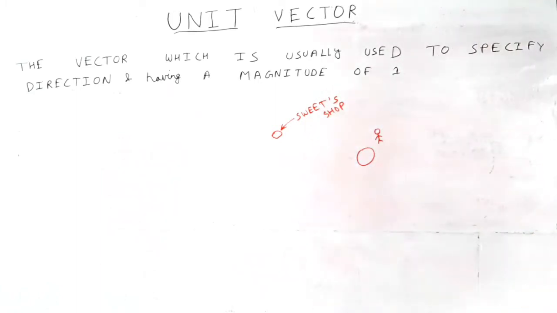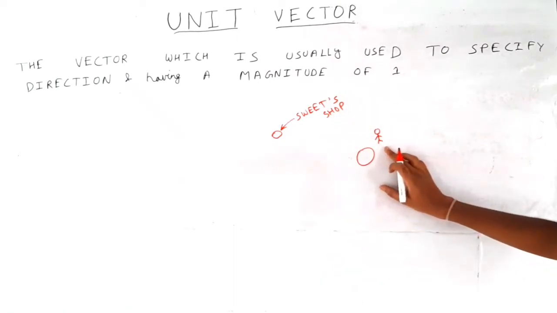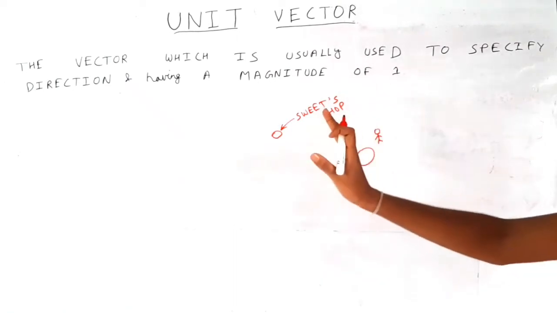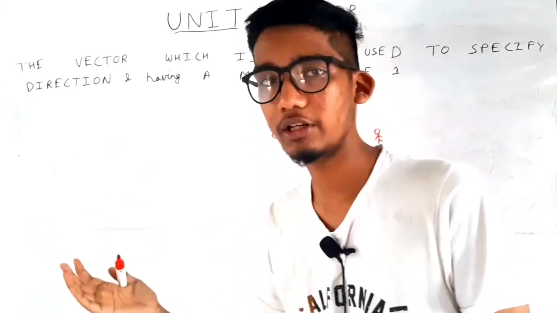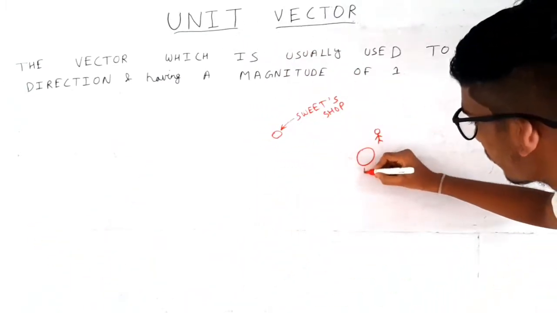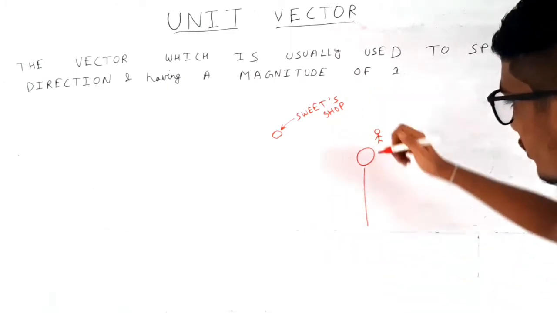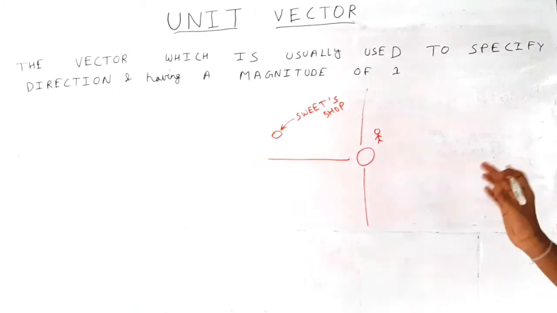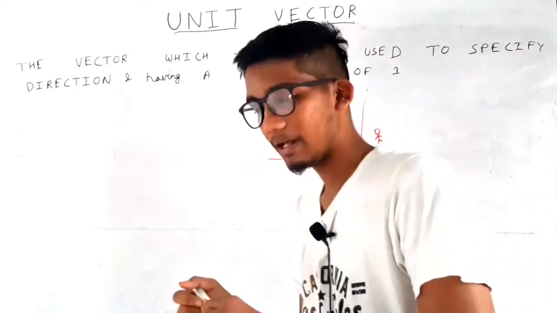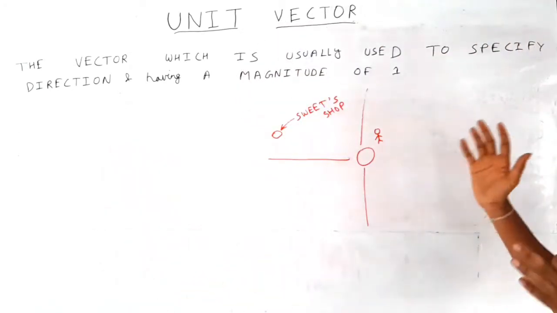He knows that 4 kilometers from his position there is a sweet shop, but he doesn't know the direction where he wants to go, whether in this direction or this direction or this direction. So in these conditions we apply a vector which is called a unit vector.